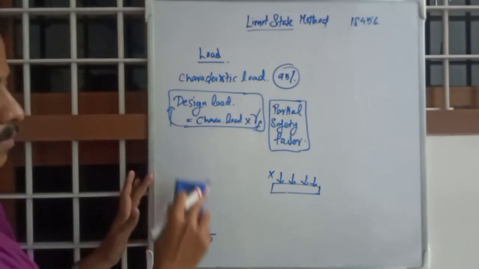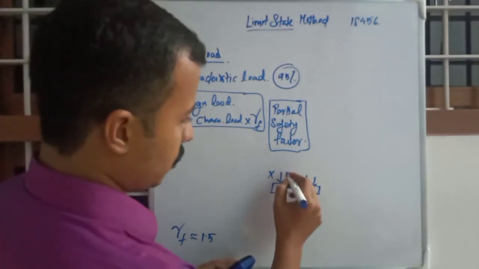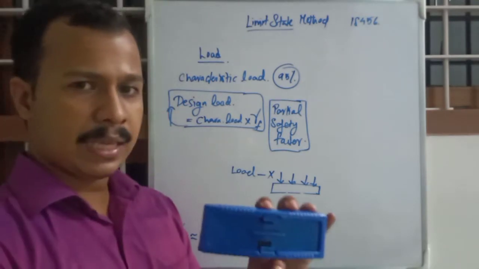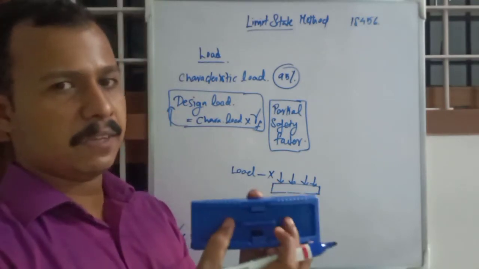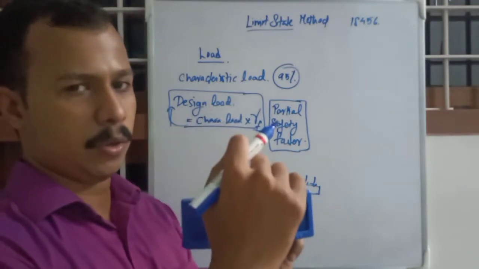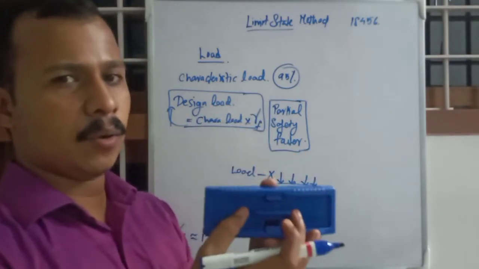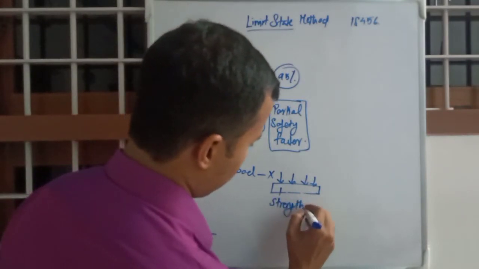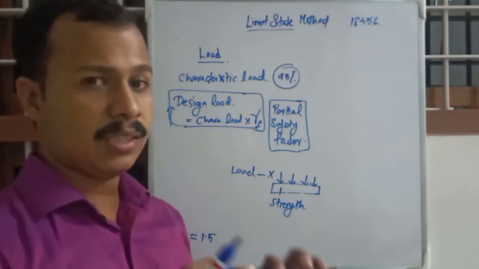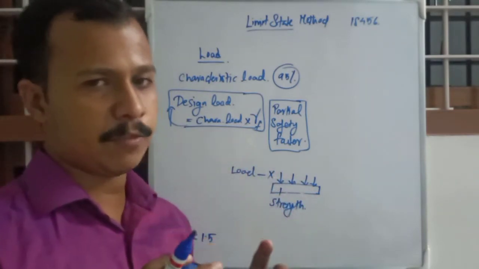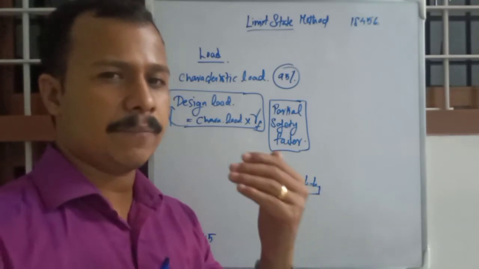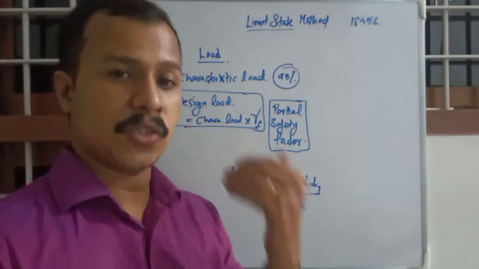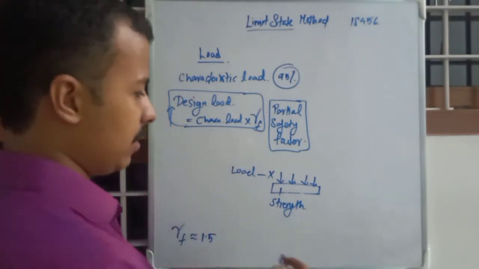And second one, the load is acting like this, and there will be resisting forces which will be resisting this upcoming load, and this we call strength. That strength we will be deciding. We will be deciding on the quantity or quality of concrete, the quality of steel, and the dimension.